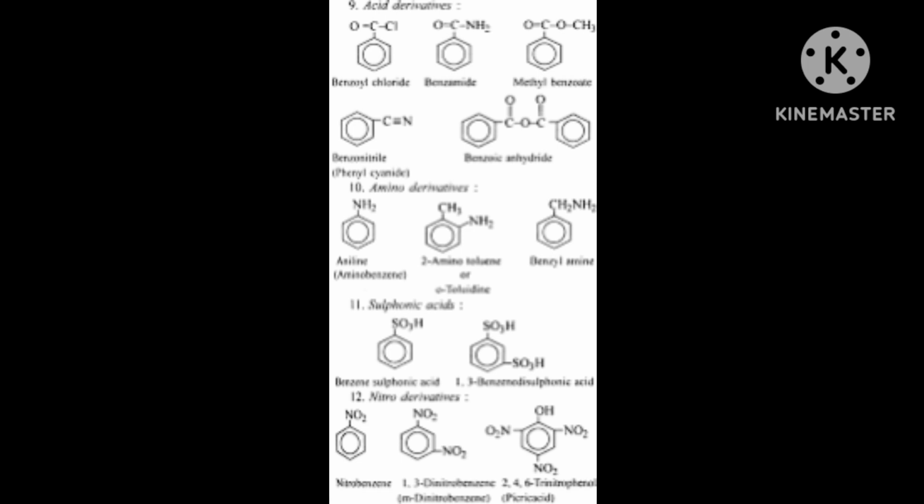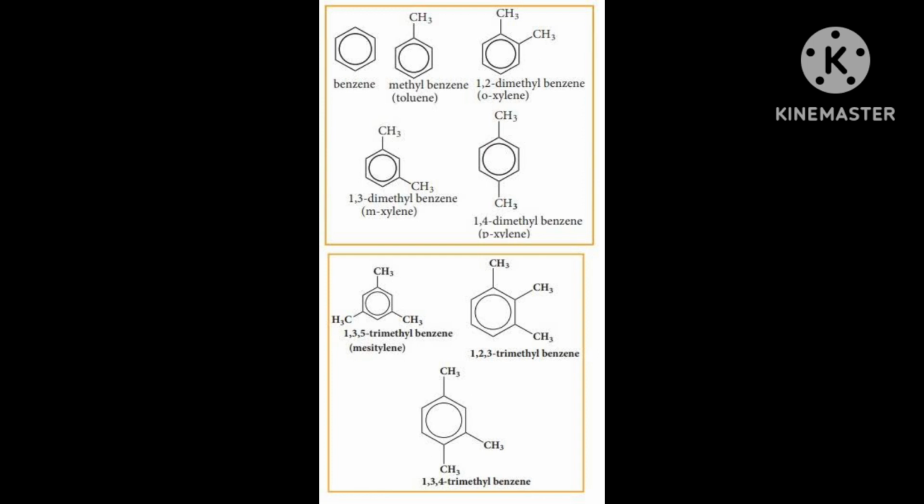Then what will be the naming? Benzene group you consider as separate, and it is attached with alkane. Then in that situation what will happen? When a benzene ring is attached to an alkane with a functional group, it is considered as a substituent instead of a parent.